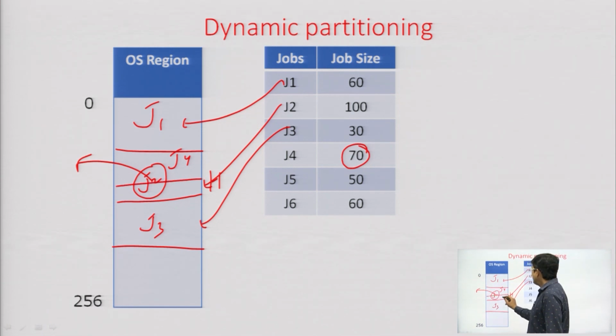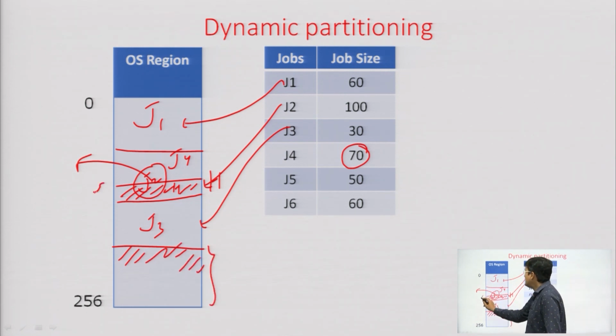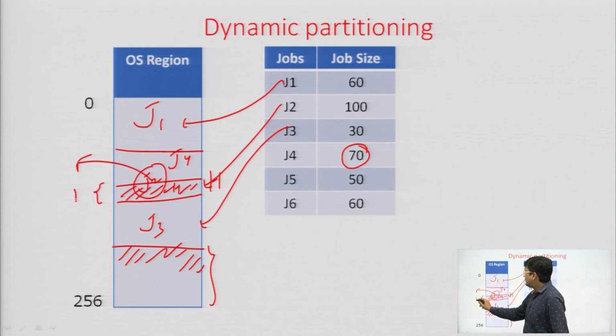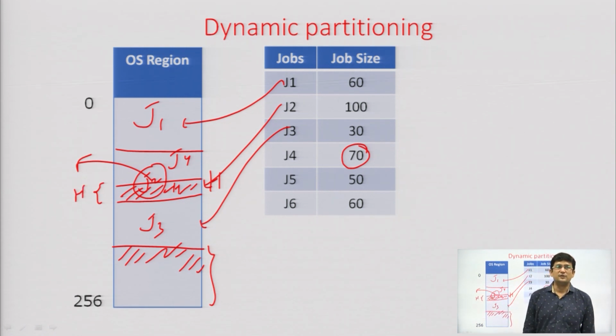If a hole is created here also, we will have two holes now. First there was a hole here, and after J2 leaves and J4 is accommodated, another hole is created. So a lot of holes will be created when processes come in and go out.